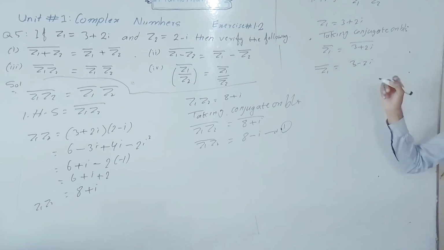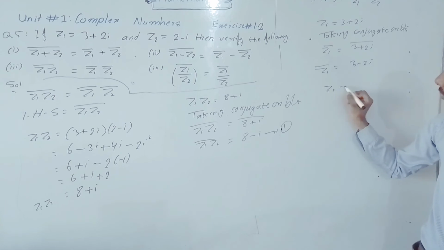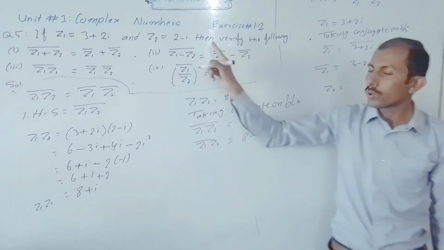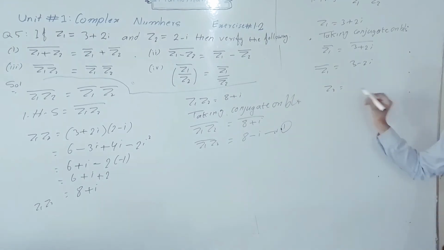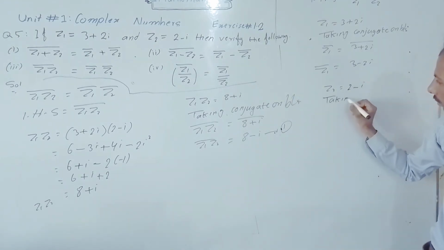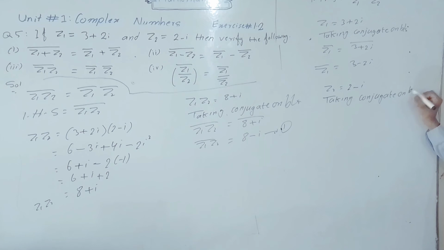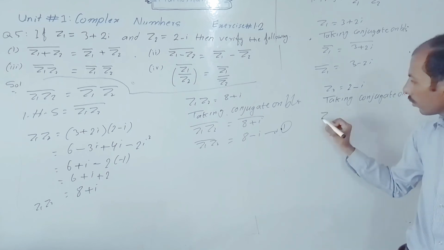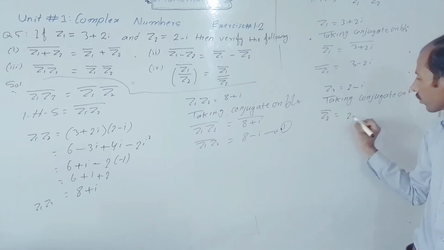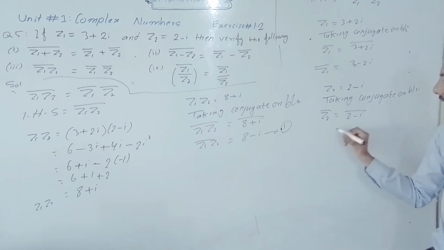Z1 conjugate is equal to 3 minus 2i. Next, Z2 is equal to 2 minus i, taking conjugate on both sides. So Z2 conjugate is equal to (2 minus i) whole conjugate, which is equal to 2 plus i.